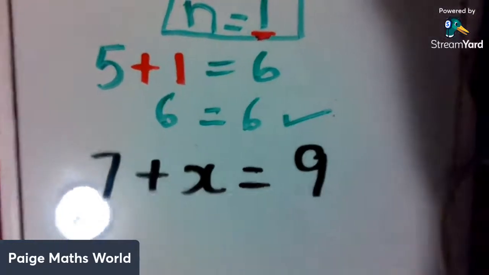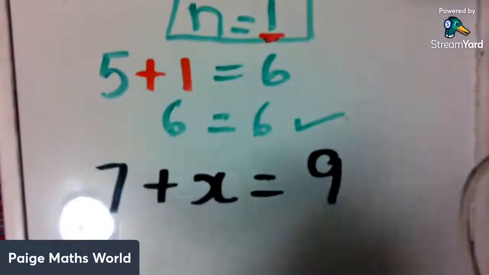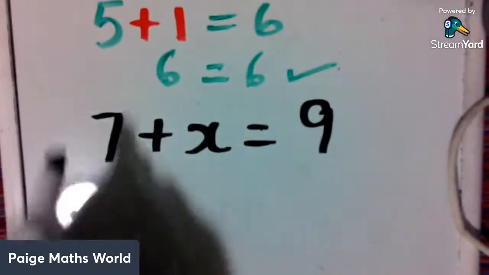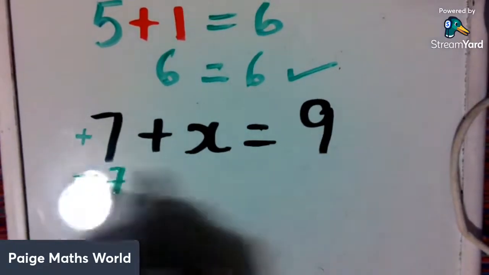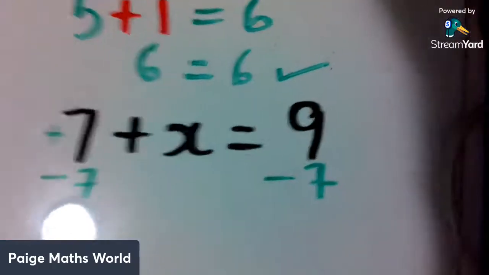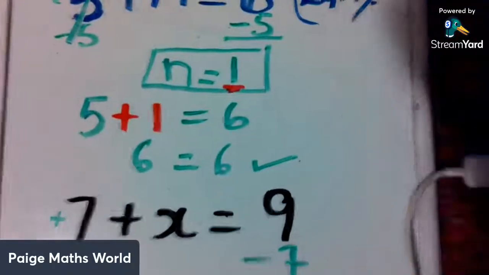When we look, this is an addition of 7. Remember, when you have no sign in front of your number, it is an addition. So in this case, it's an addition of 7. In order to get rid of this addition of 7, we have to subtract 7 on both sides because we have to make the equation balance. Anything we do to one side, we have to do to the other.